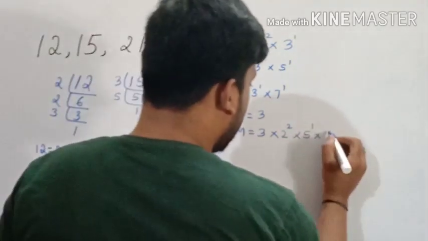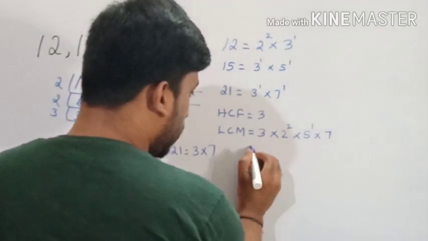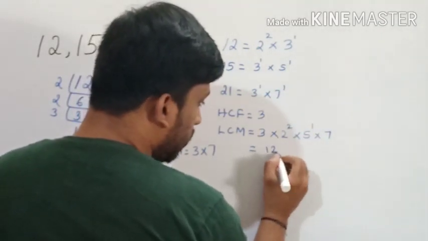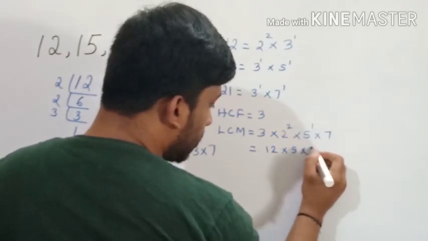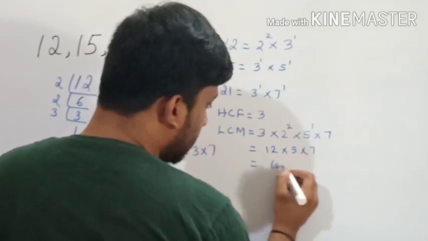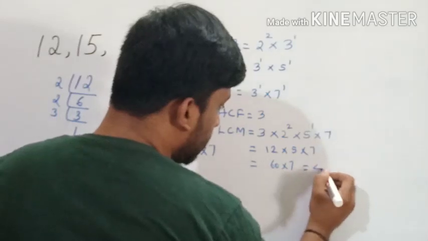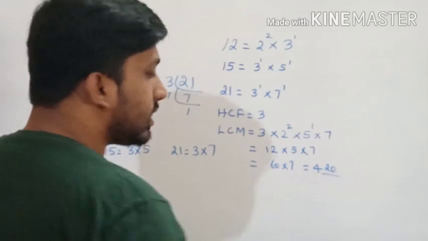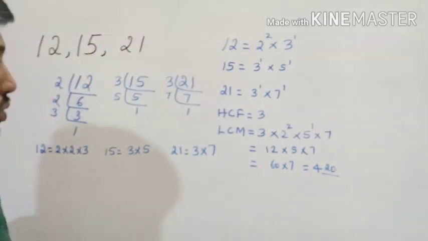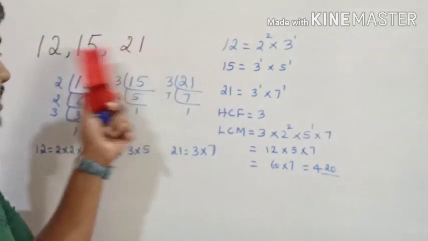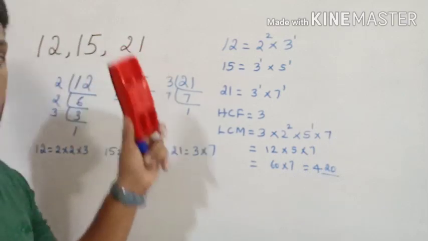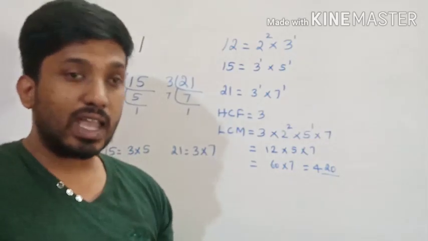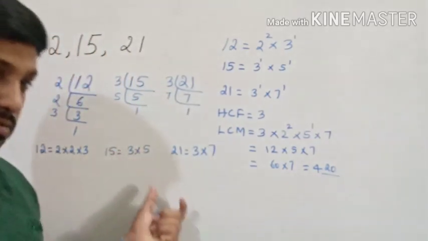So 2 twos are 4, 4 threes are 12, 12 into 5 is 60, into 7, that is 420. So the LCM is 420 for these three numbers, that is 12, 15 and 21. This way we can find the HCF and LCM of the given numbers.